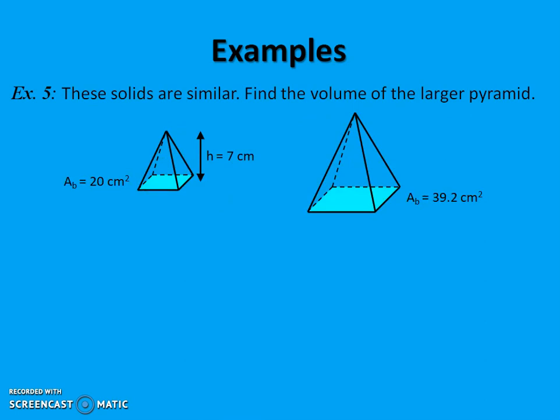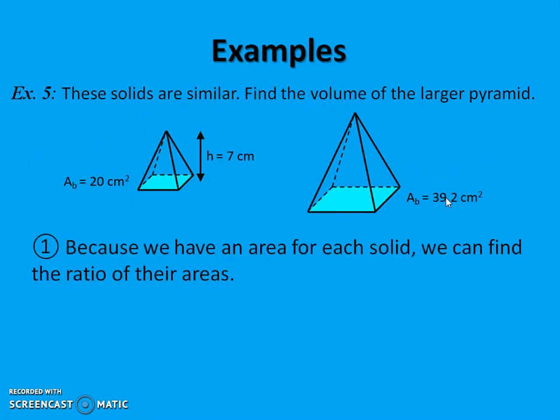And finally, it says that these two are similar, and it asks you to find the volume of the larger pyramid. The only thing I can start with is the 2 corresponding measurements that I have. Because I have 2 area measurements, I can figure out the ratio of the areas. The ratio of the areas is the larger area divided by the smaller one.